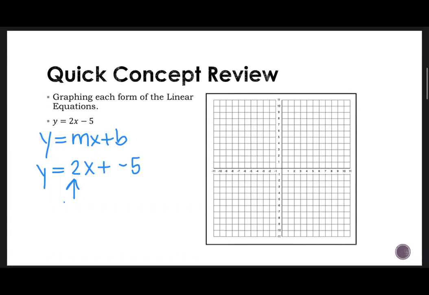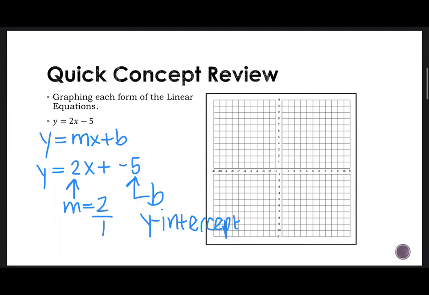So m is equal to 2, and that is our slope. A lot of times we will make the slope a fraction. So if you have a whole number like we do here, we can put 2 over 1. And then b, which is the y-intercept, is -5.